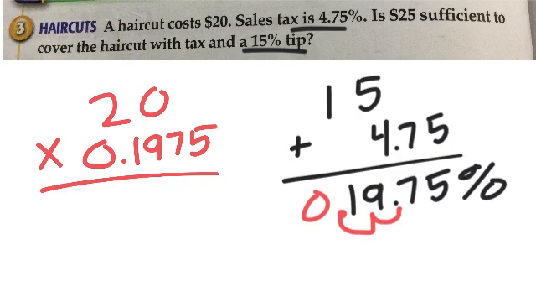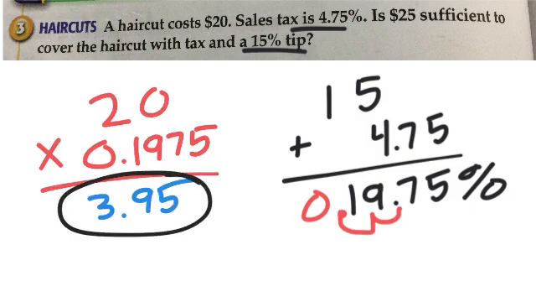When I multiply, I get 3.95. So this is how much I'm going to pay in both tip and in tax.